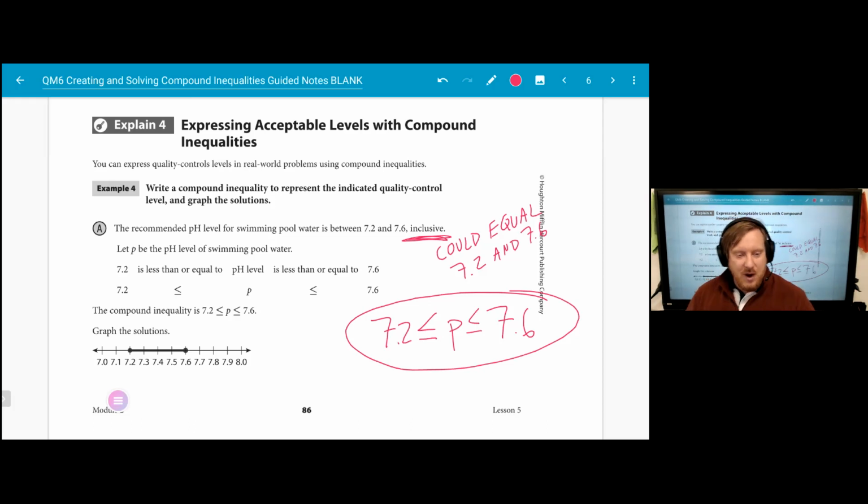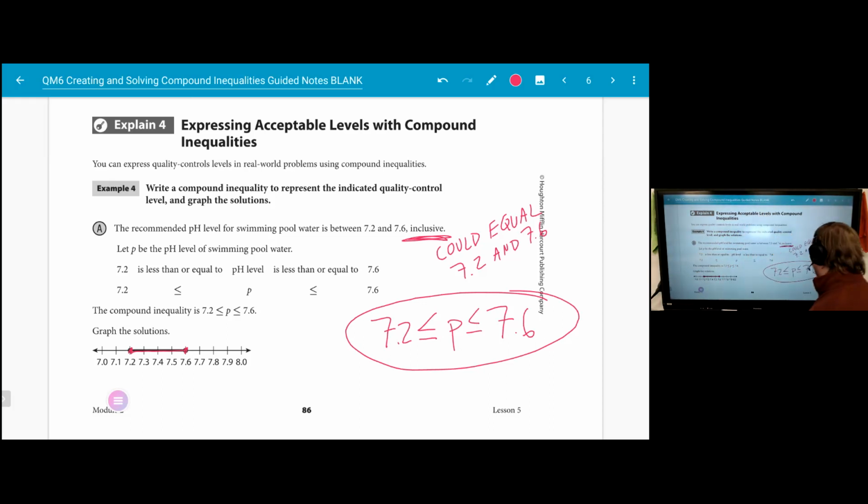Okay, and we should graph the solutions. Yeah, closed circle 7.2, closed circle 7.6, and somewhere in between. It's not going to be bigger than 7.6. It's not going to be less than 7.2. There we go. All right.